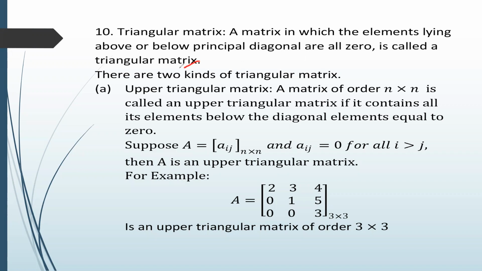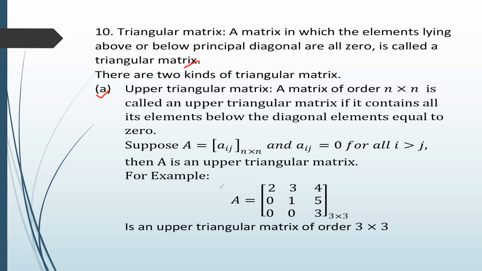There are two kinds of triangular matrix. First one, upper triangular matrix. A matrix of order n by n is called an upper triangular matrix if it contains all its elements below the diagonal elements equal to 0.